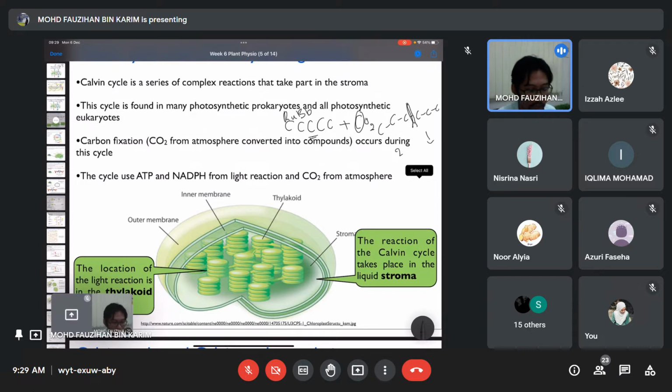So every time there is a change, it will involve an enzyme, right? So these are enzymes that are important in the Calvin cycle. These enzymes and cycles or metabolic activities happen in the stroma, because the stroma is very suitable. It's like our cytoplasm.